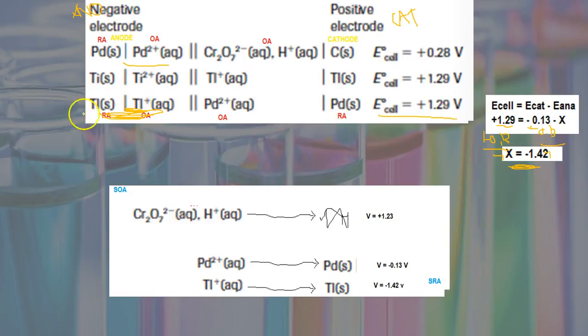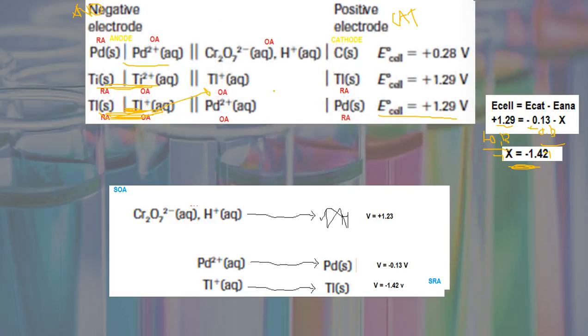Then, because I have this information, I can use that here. And so once again, I don't know the voltage of this. It's not in my data booklet, but we have figured out what the half reaction of this cathode is now in the cell. So once again, I use the formula.